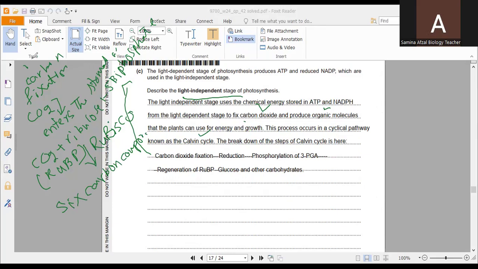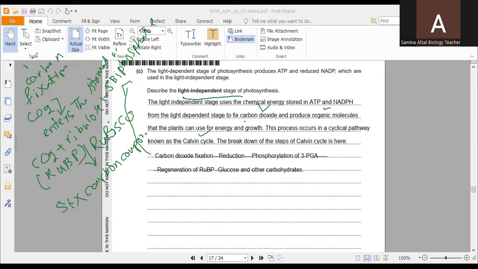Carbon dioxide reacts with ribulose 1,5 biphosphate, and there is the formation of a 6 carbon compound, with the enzyme RuBisCO acting during this.